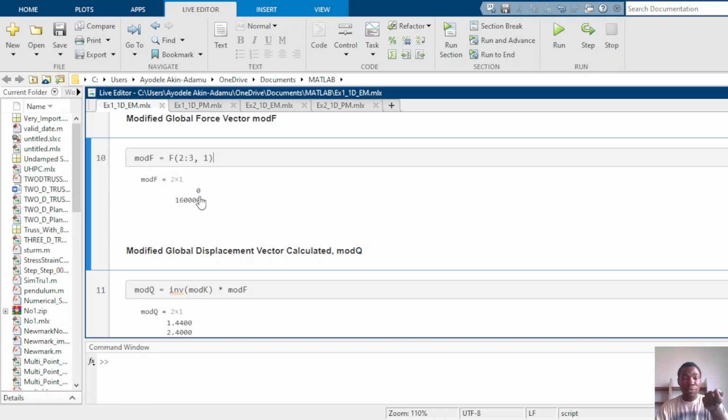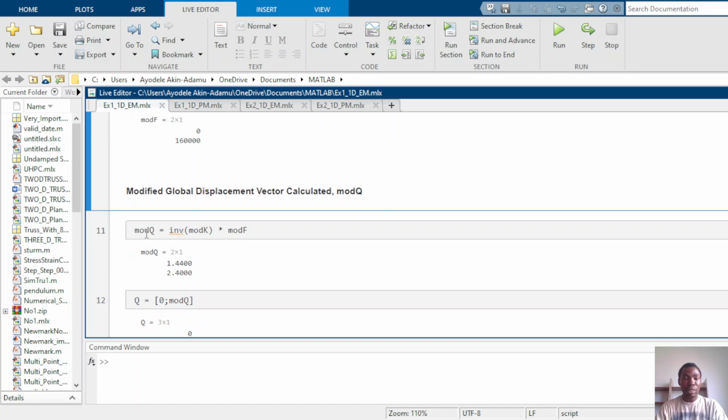Now that we have defined our modified global stiffness matrix and our modified global force vector, mod K and mod F respectively, we can now calculate our modified displacement vector with the formula: the inverse of mod K times the modified force vector.